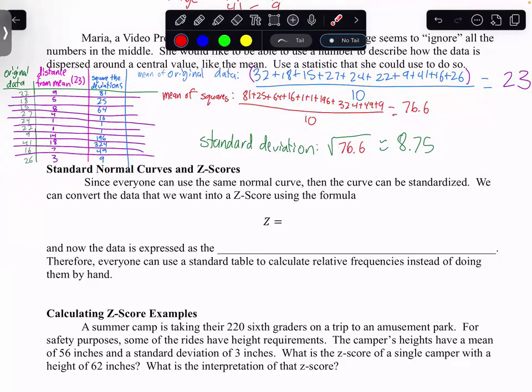For example, if you want to compare a pro basketball team against a college basketball team, it might seem impossible because the pro game is 48 minutes, the college game is 40 minutes, and there are other differences. But if you standardize them with a normal curve, then you might potentially be able to compare various aspects. Okay, so to do that, we need to be able to calculate what's called a z-score.